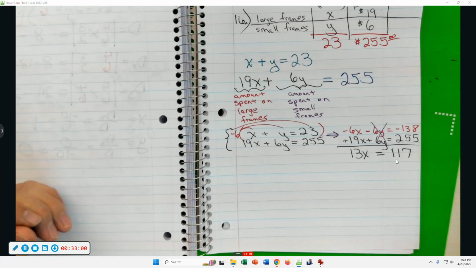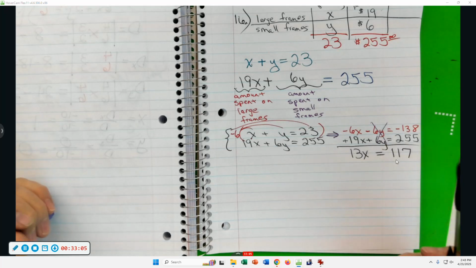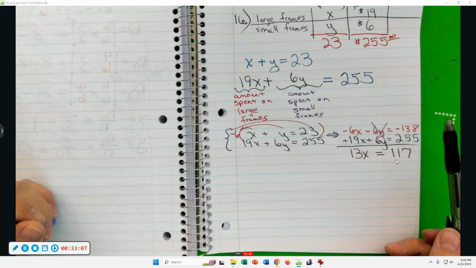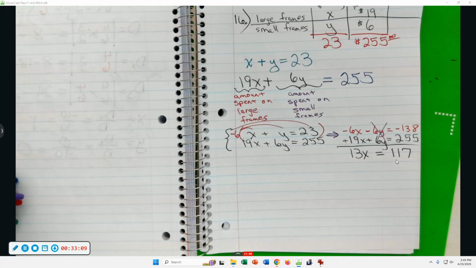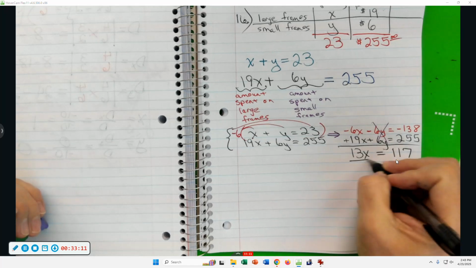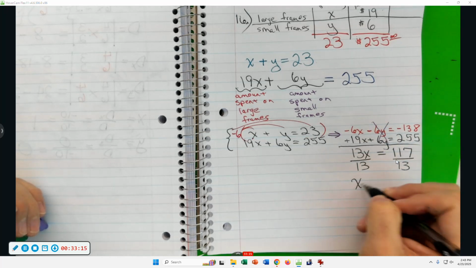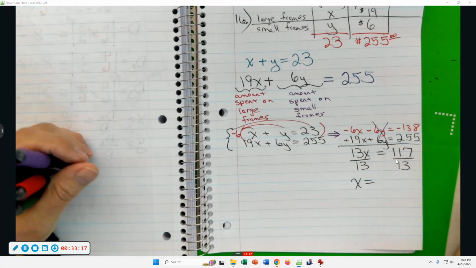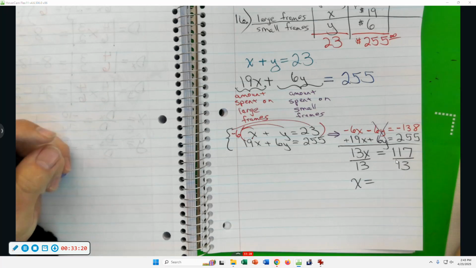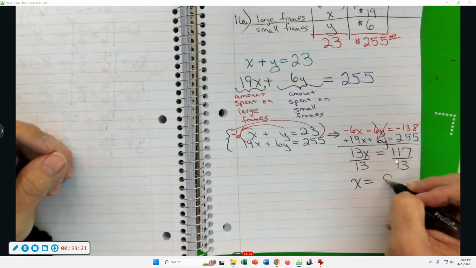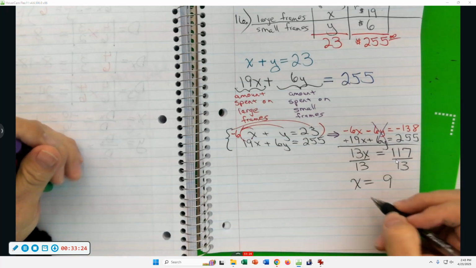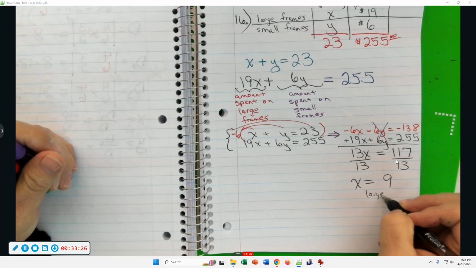No, she can't buy half a frame or a third of a frame. We better have counting numbers as our solutions. If this is going to have any meaning to it, we better get a counting number here. So divide by 13 to give us x equals, let's see, don't tell me 9? I'm getting 9 large frames.